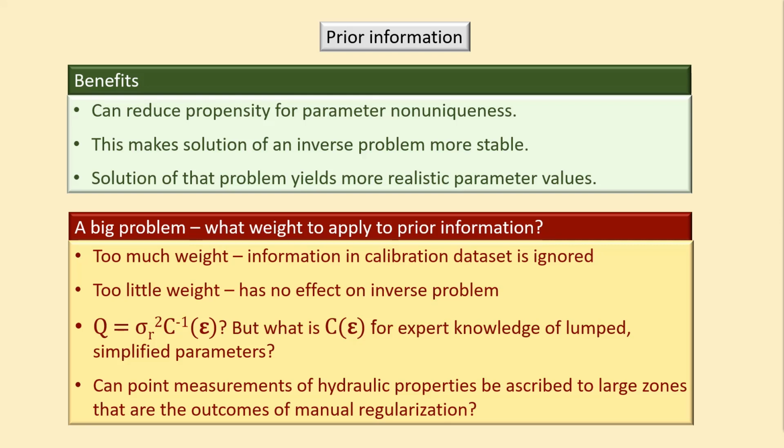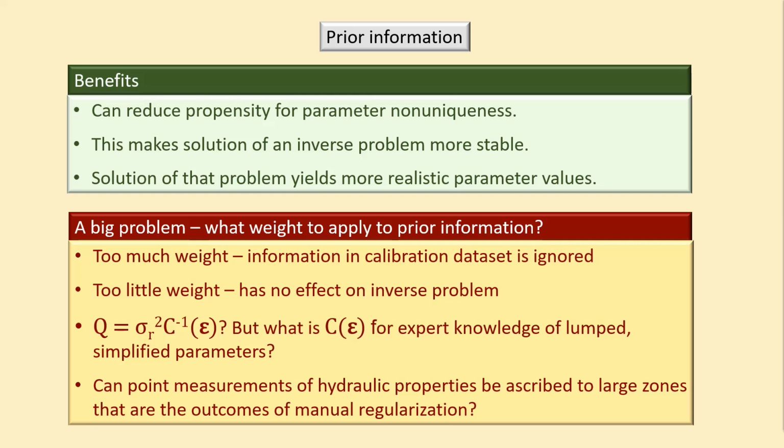If I have direct measurements, for example, if I've done a pumping test in a large zone which I've said is entirely constant in its values because that's an outcome of my manual regularization strategy, how relevant is a point measurement of a system property to a large zone-based parameter, large and zone-based, because that's my mechanism that I chose for manual regularization?